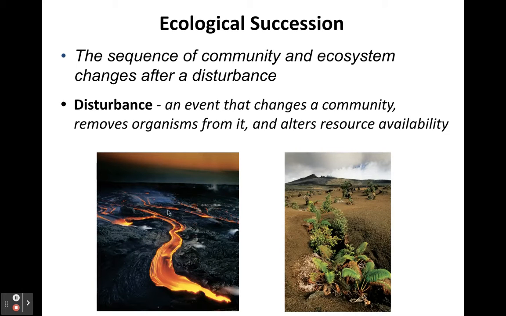You can see in the picture here, a volcano is just occurring, and as lava and ash cover all of the ecosystem, it basically wipes the slate clean, and there's nothing living remaining. Then over many, many years, we start to see new organisms begin to repopulate that area. And if we would wait hundreds of years, we would see more changes take place.